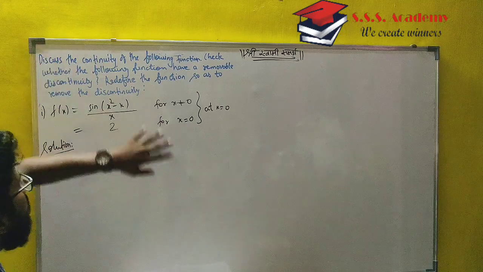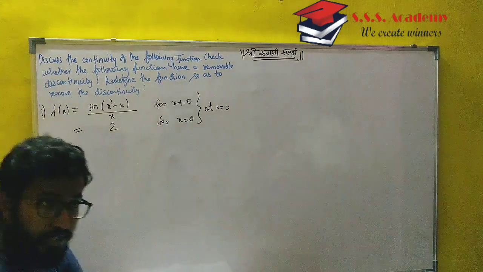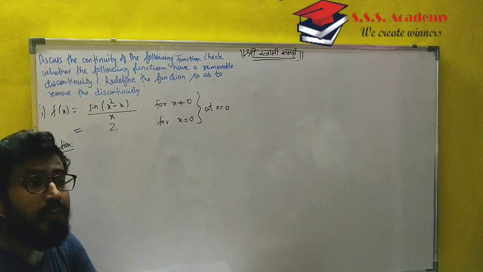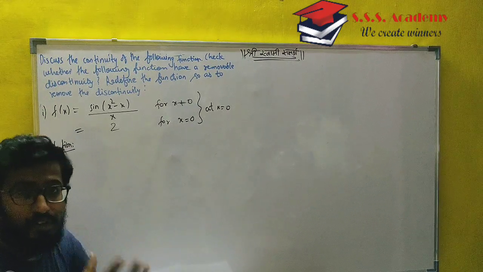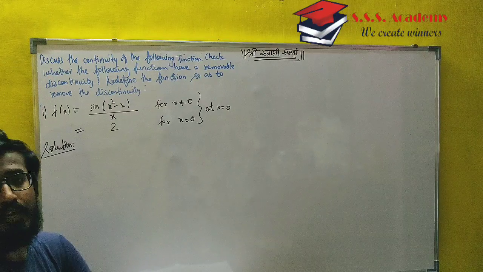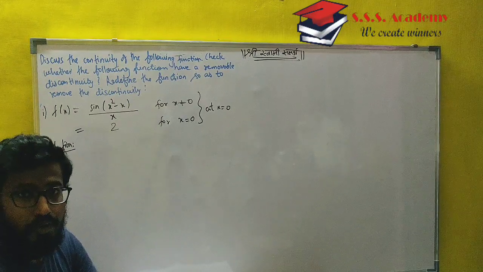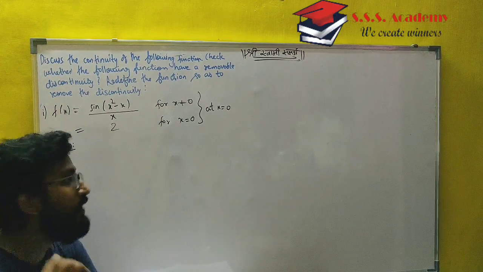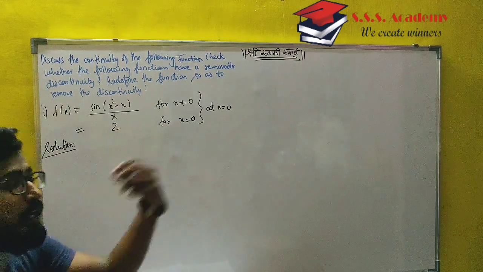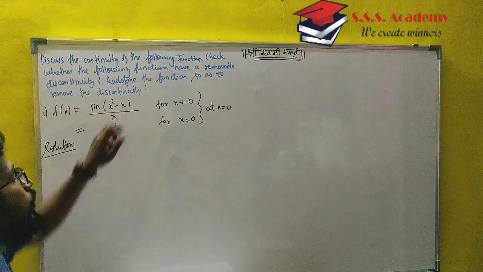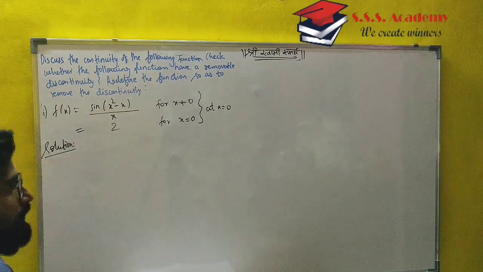And if it is discontinuous, then we check how we can remove its discontinuity, that is, how we can modify the function such that it will become a continuous function. That modification is known as redefining the function.